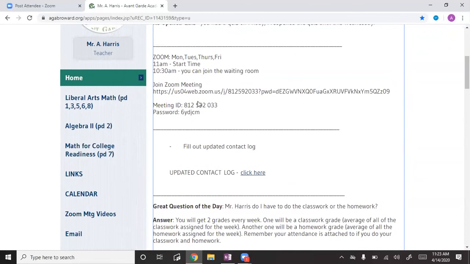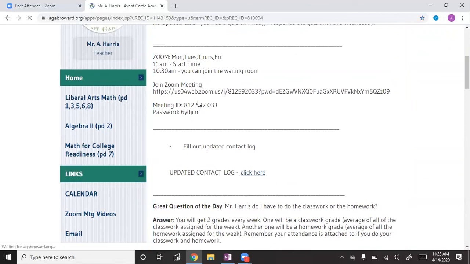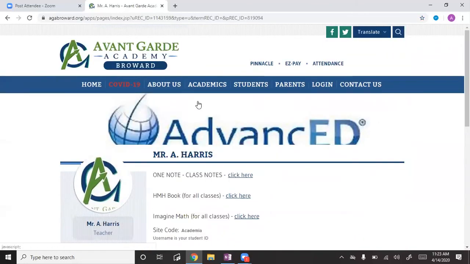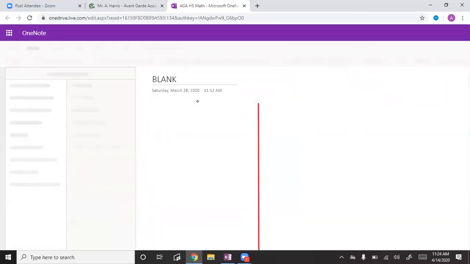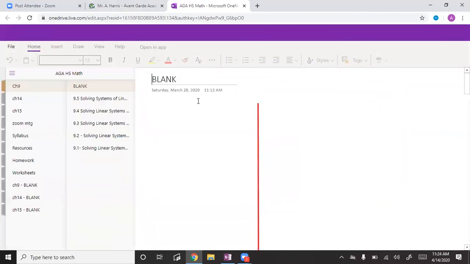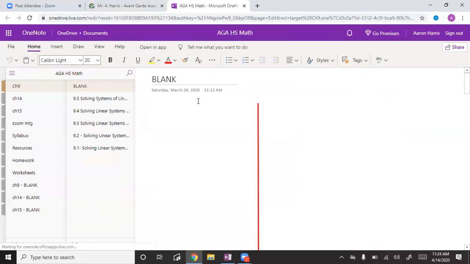If y'all went to links this morning before this Zoom, you could come to OneNote. Click on OneNote. It might take a little bit to load, but it'll load. You don't need a username and password.